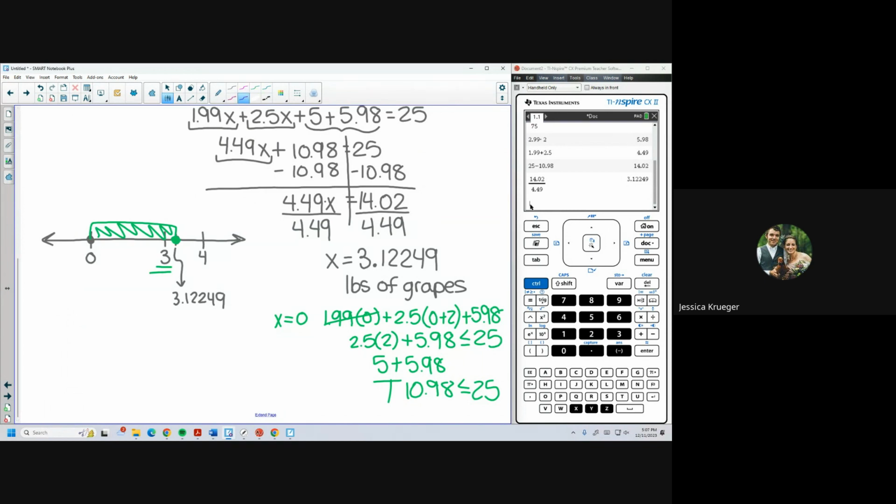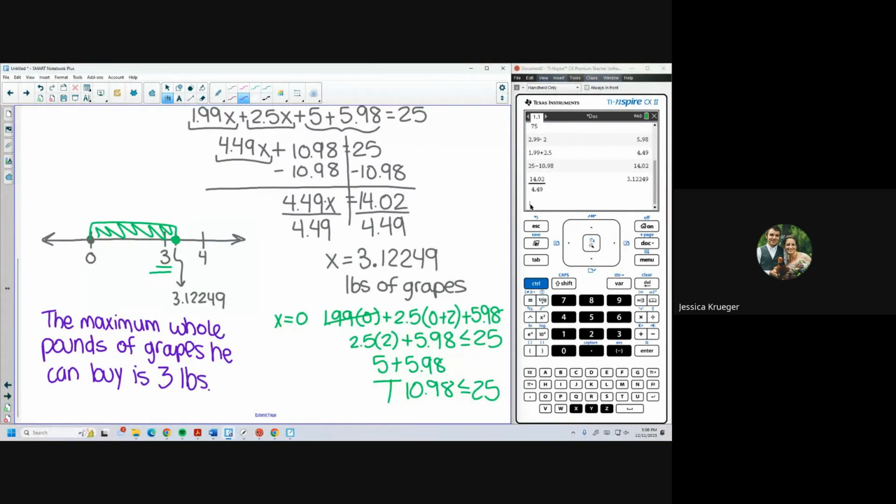So my answer is the maximum whole pounds of grapes he can buy is 3 pounds. Done.